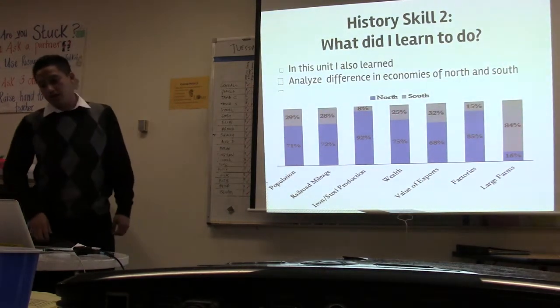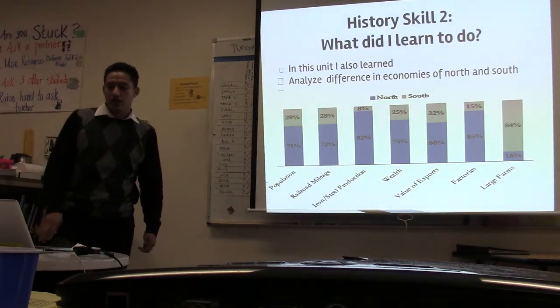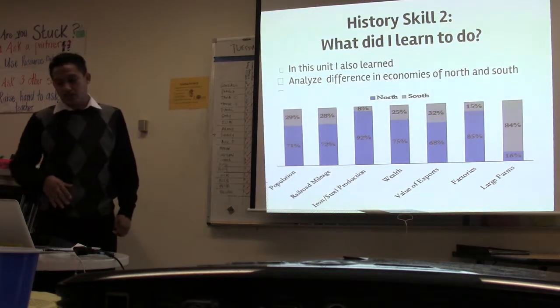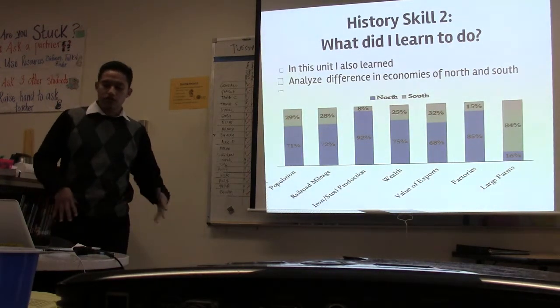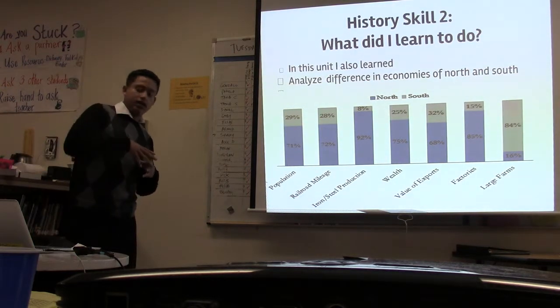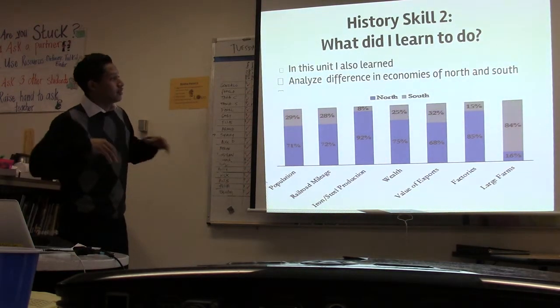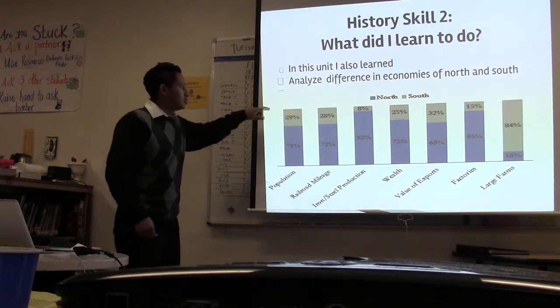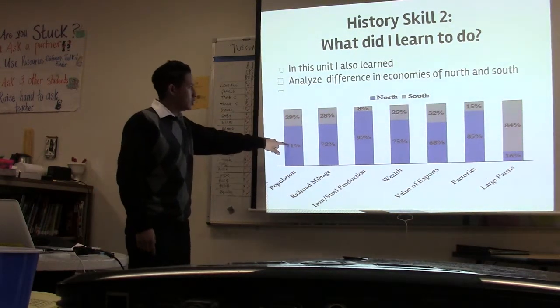What else did I learn to do? This unit also taught analyzing the different economies of the North and the South. The economy of the North and the South is different. You see that the North is blue and the South is green. The population of the North is 71%. Railroad mileage is 71.2% in the North and 28% in the South.